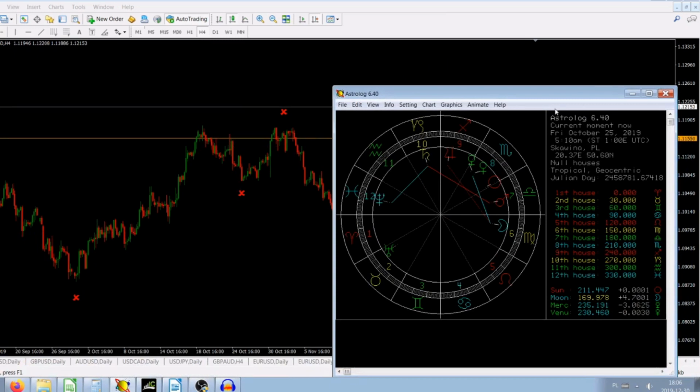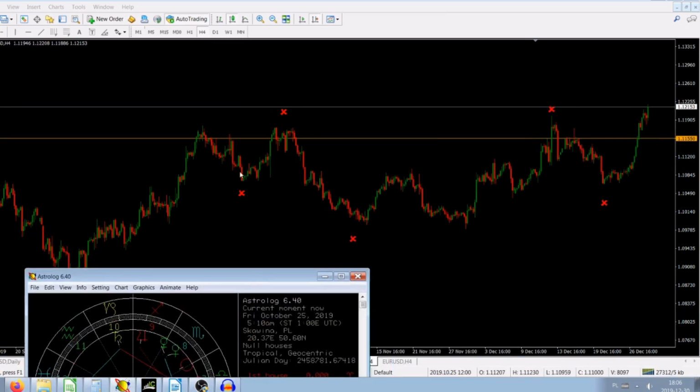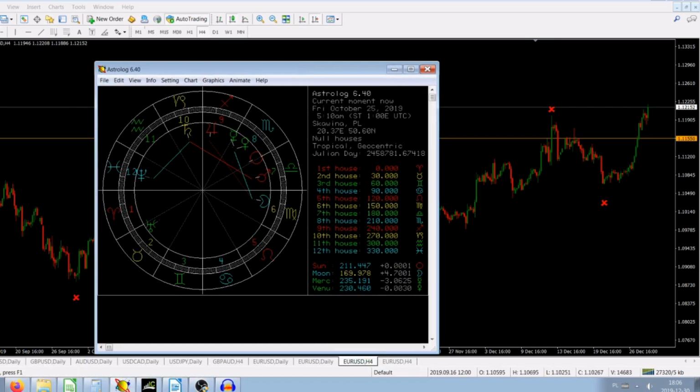What is this one? Yes, that's the 25th of October. Here we've got the 2nd of November. Look at this one: 2nd of November, Venus 240 degrees.